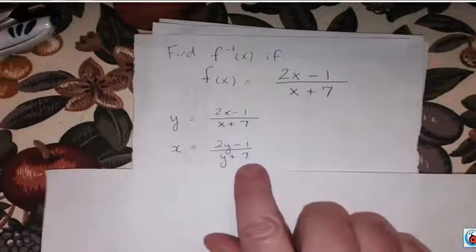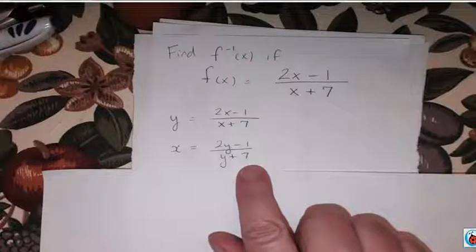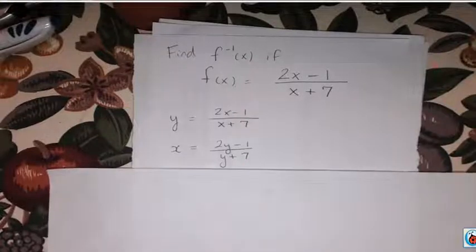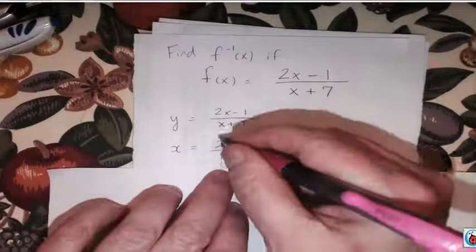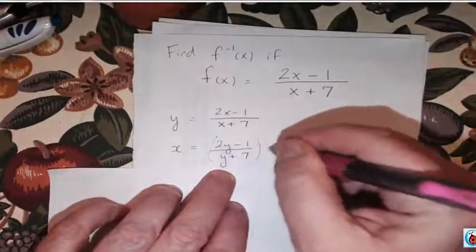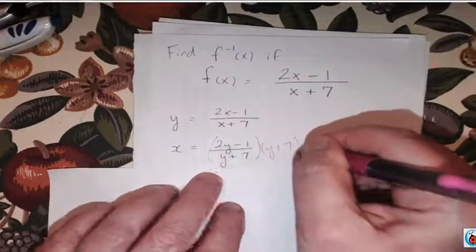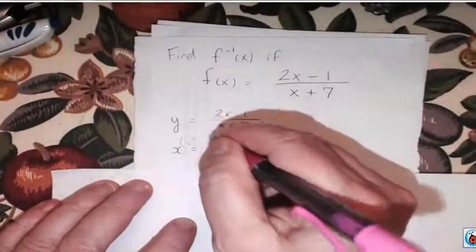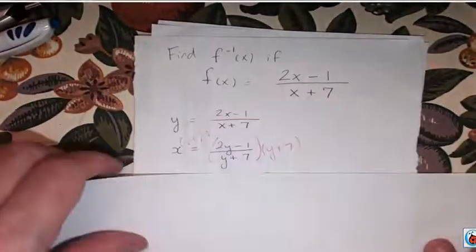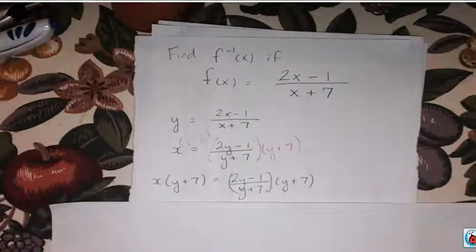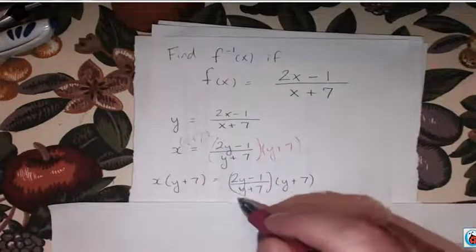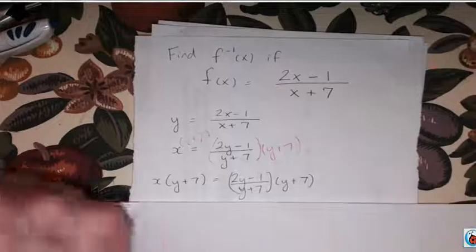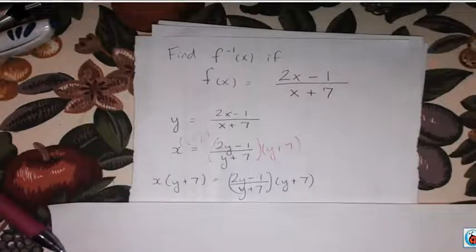So if you have a fraction like this, the first thing you really should do is try and get rid of the fraction. So I'm going to multiply both sides of this by y plus 7. Okay, so when I do that, the y plus 7s will cancel. That was the whole reason why I did that, is to get them to cancel.